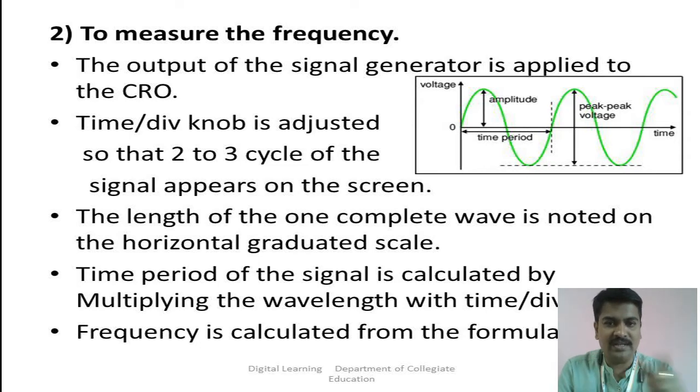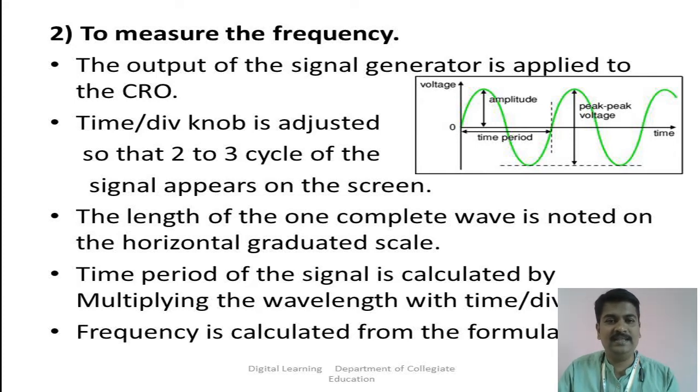on the horizontal graduated scale. One complete length, as I have shown you in the figure, is from here to here in the horizontal direction. I mean to say it is nothing but the wavelength. In a sense, it is the distance between two points in the same state of vibration, or you can say the distance between two points which are in the same phase.